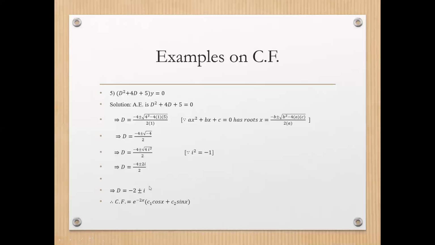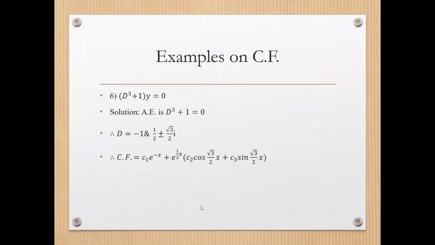So corresponding to this complex conjugate pair, the complementary function is e^(-2x)(c1 cos x + c2 sin x).